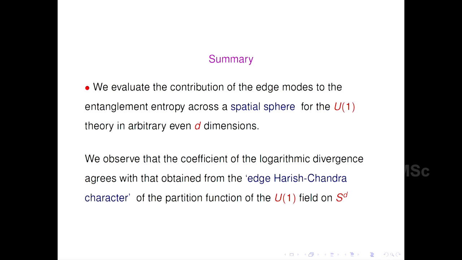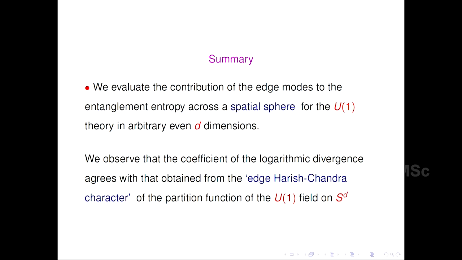Now, let me just summarize before we present the calculation. What we do is we evaluate this particular edge mode contribution for a U1 theory in arbitrary d dimensions. When we evaluate it, we look for the logarithmic divergence term, which is RG invariant. And we see that it agrees with something called the edge Harish-Chandra character of the U1 field on S^d.